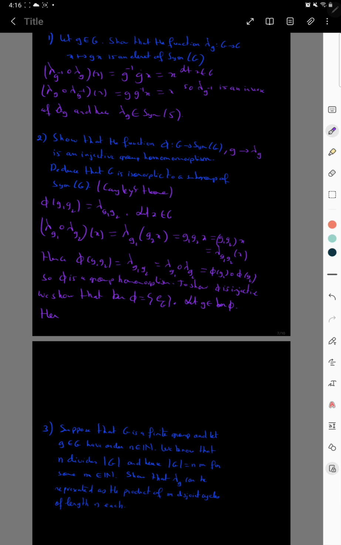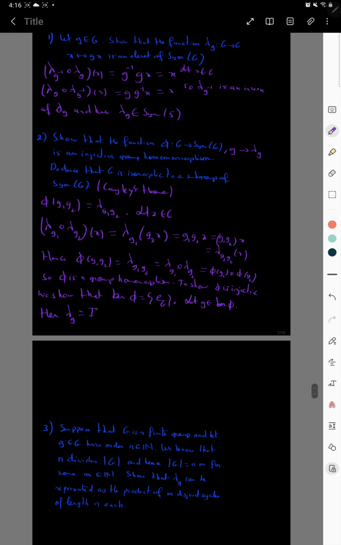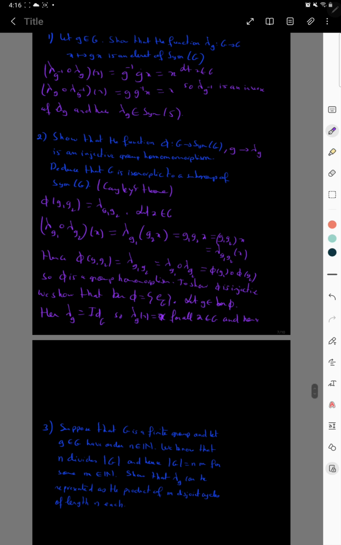Then lambda_g is the identity function on G. So lambda_g x is equal to x for all x in G, and hence gx is equal to x for all x in G, and hence by cancellation g is equal to e_G.